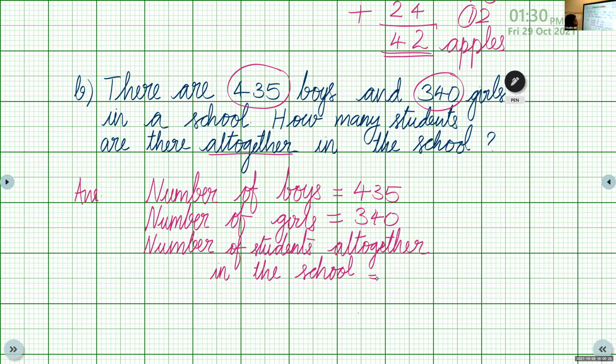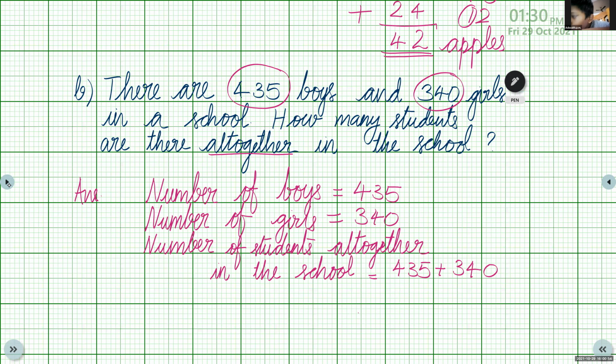Number of boys is equal to 435. Number of girls is equal to 340. Number of students altogether in the school, we have to add both the numbers. That means 435 plus 340. Both numbers are 3-digit numbers.